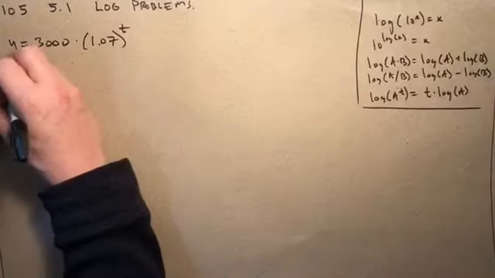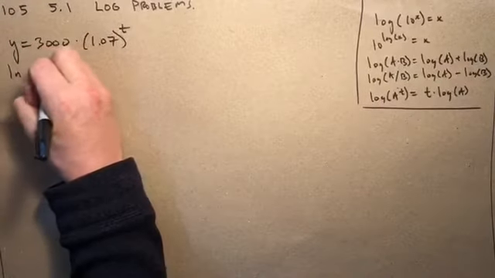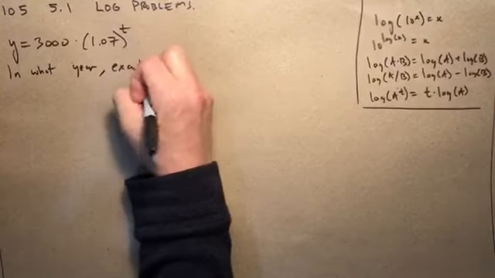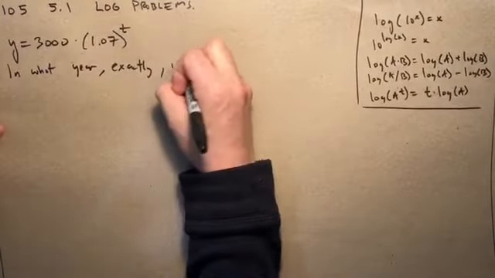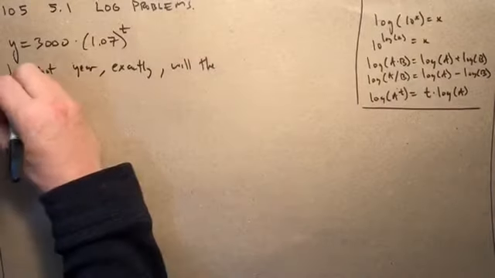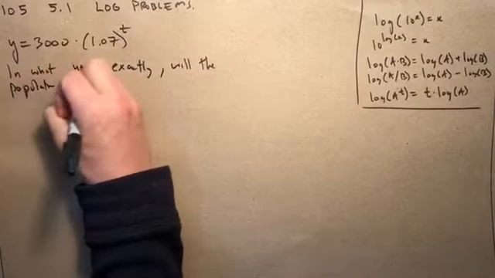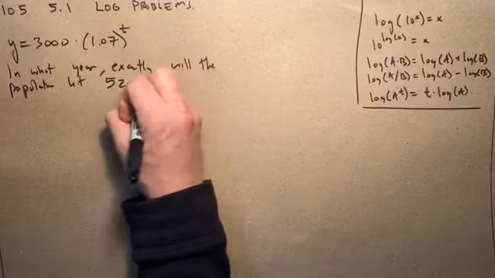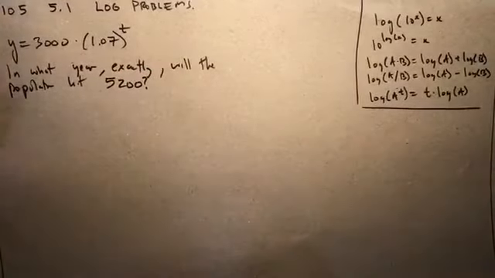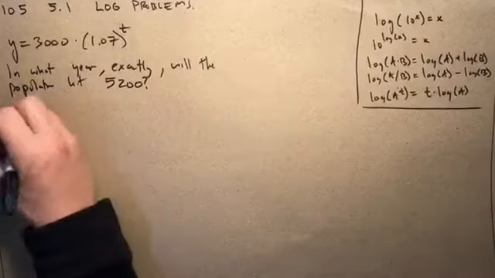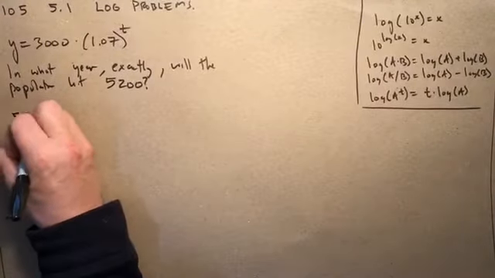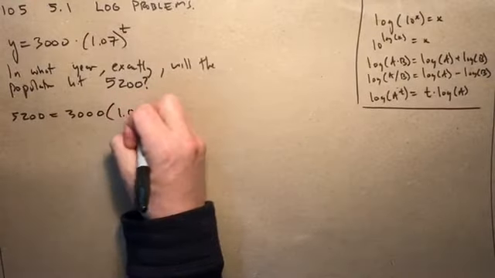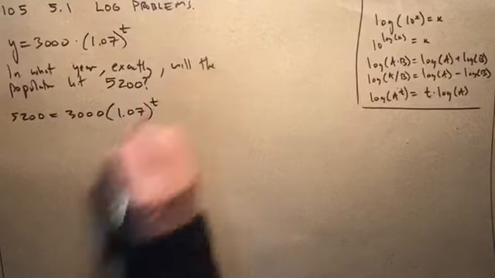And we'll say, in what year exactly will the population hit, let's say, 5,200 individuals? So I think it's pretty clear that we're going to start out by setting 5,200 equal to 3,000 times 1.07 raised to the t.